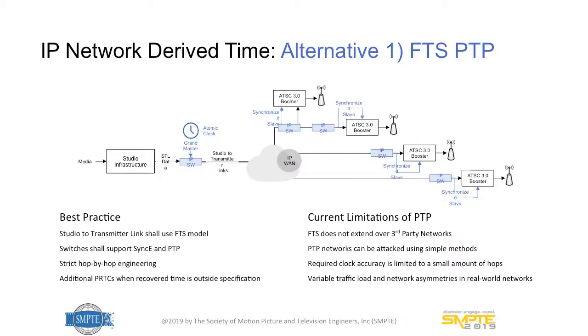We see some countries actually have legal requirements. I expect to see more countries to have that. And so I'm bringing it to your attention. Luckily, there are ways to handle this. One proposal is that you could use PTP, for instance. This sounds wonderful.